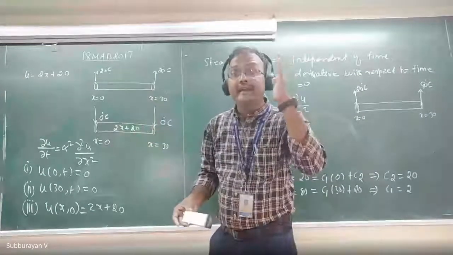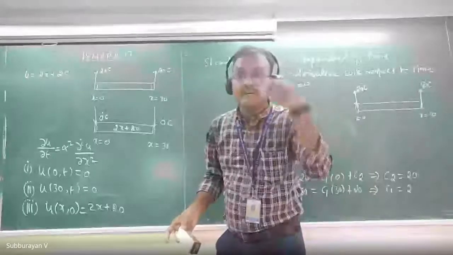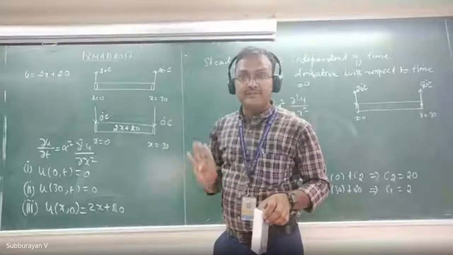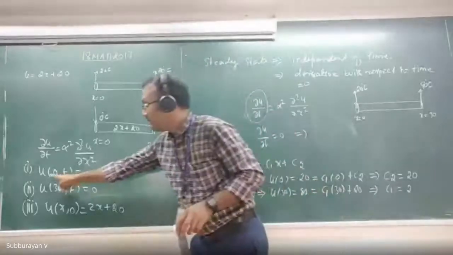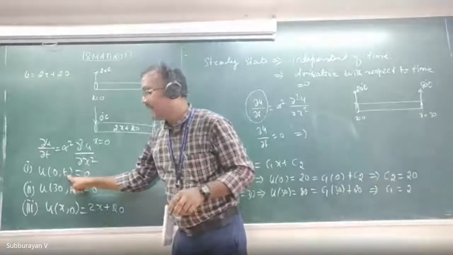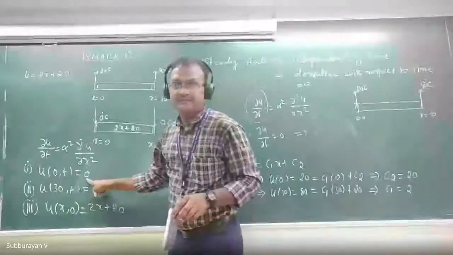So u of 0 comma t is equal to 0. Is it clear?